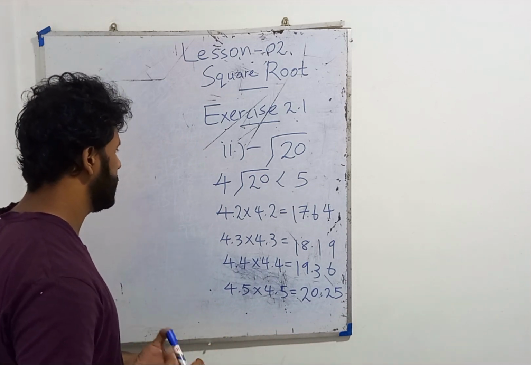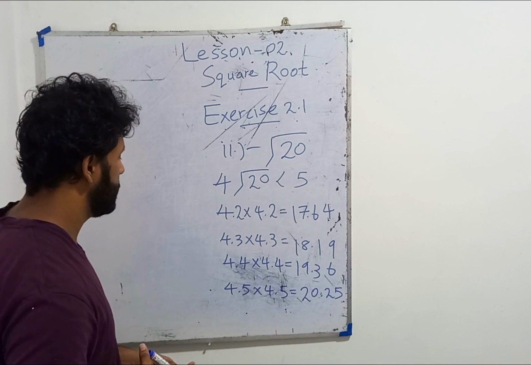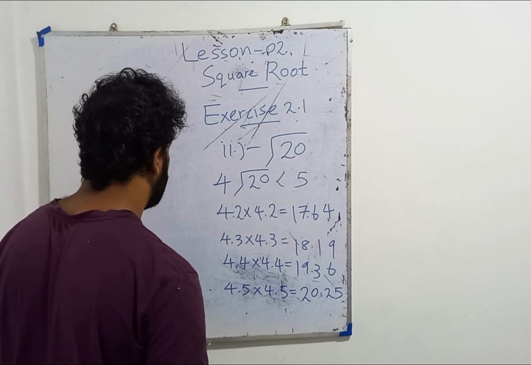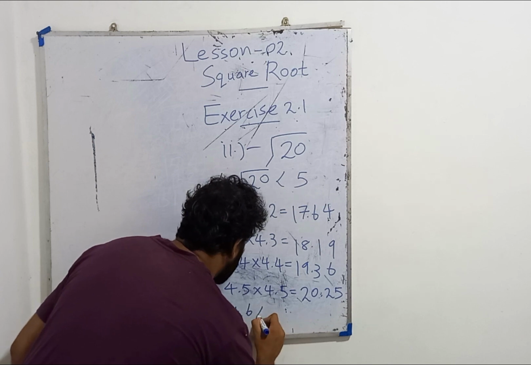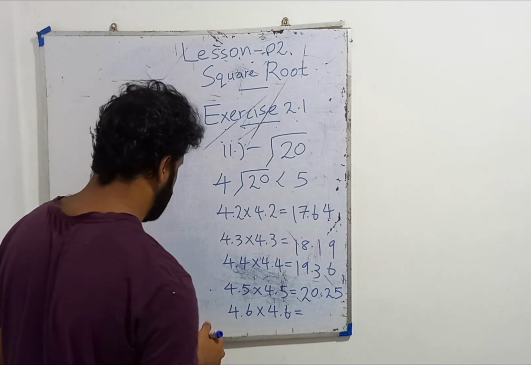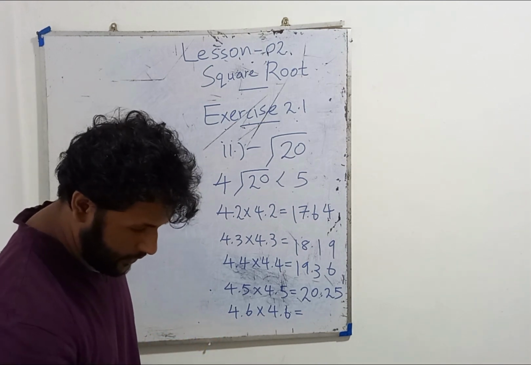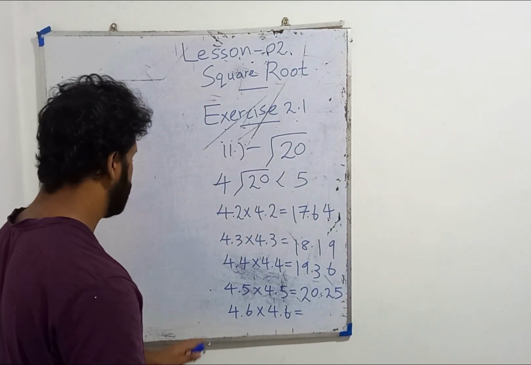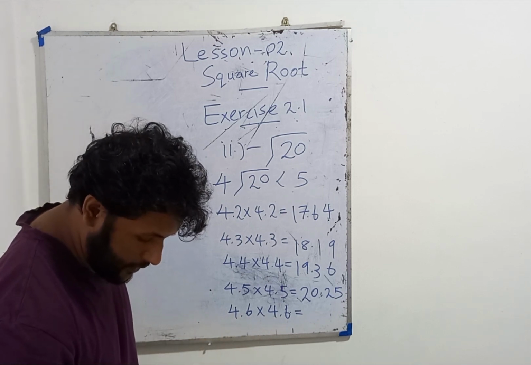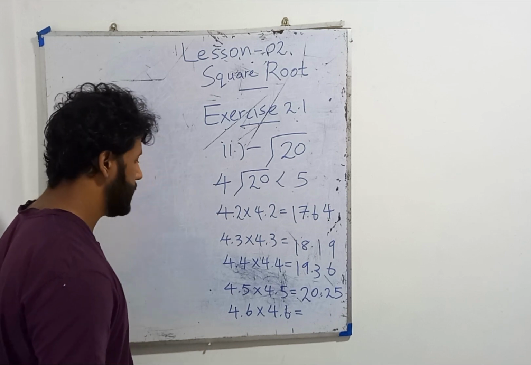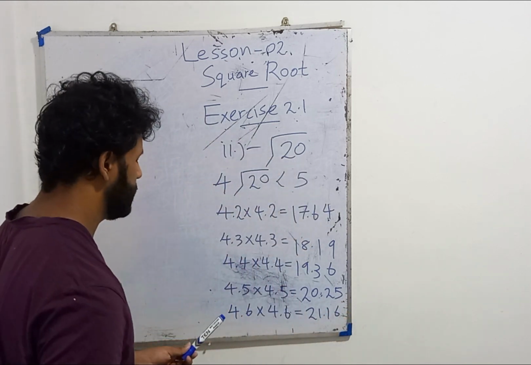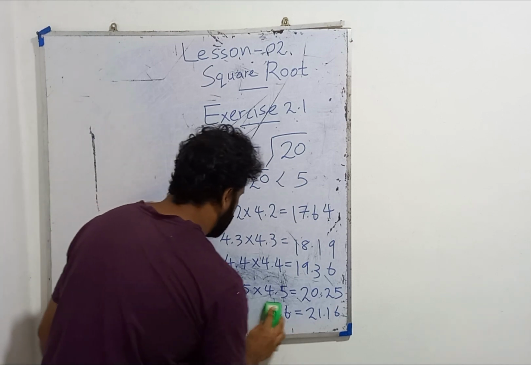But okay, let's take 4.6 if you want. 4.6 into 4.6 is 21.16, exceeding 20, so you don't have to take it, that's why I said.